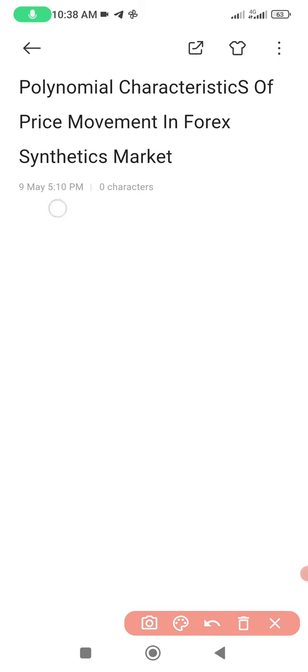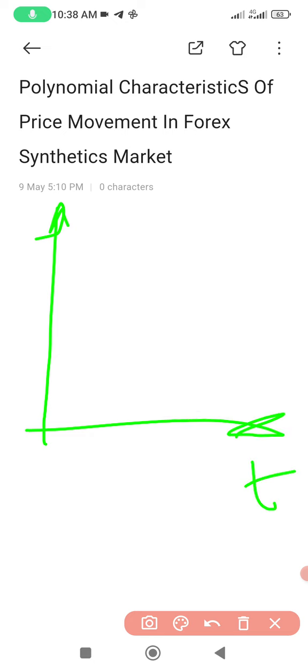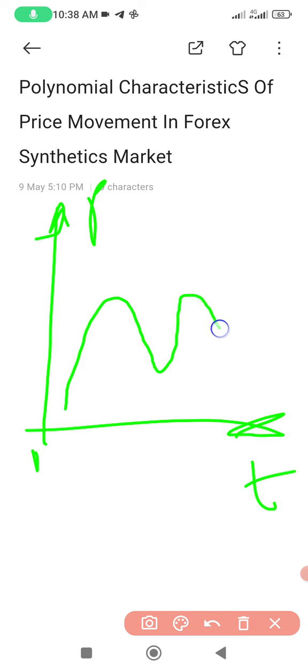So we have the time axis here, the price axis, and this is a buy action, this is the origin. So this is a buy action, and then sellers enter the market. Then another buy action, maybe taking price to this high, and sellers bring it down. While another buy action, the buyers push the market very high.